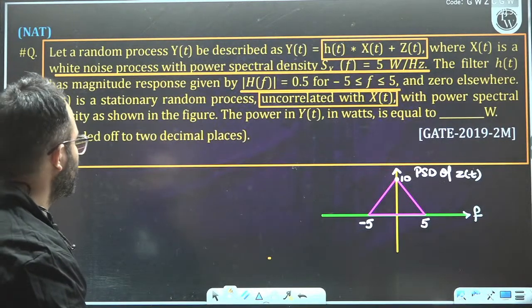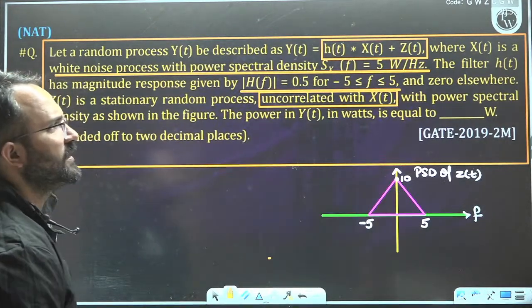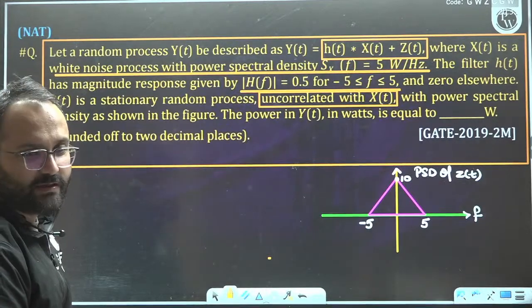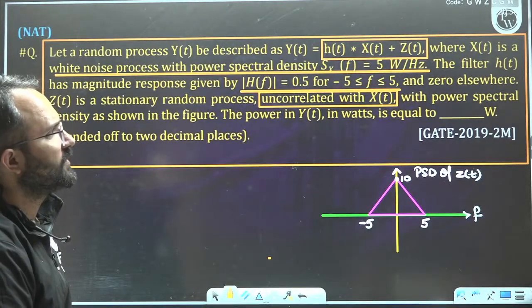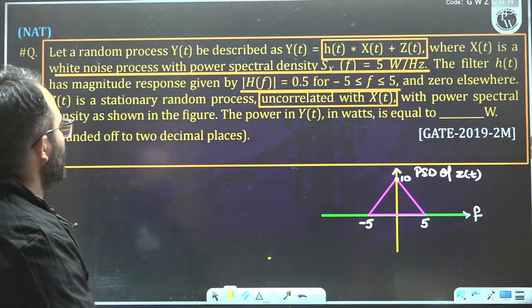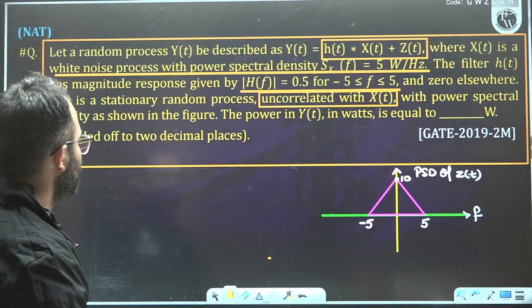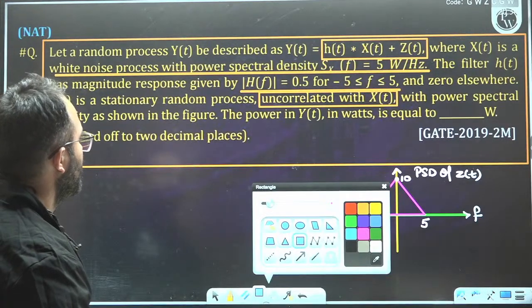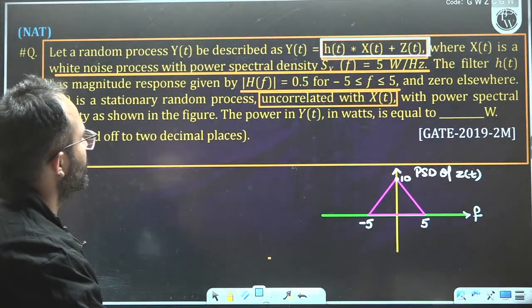So now those two, it's a very simple process. I don't think anyone will have any problem in this question. It's a very simple question. y(t) is h(t) convolved with x(t) plus z(t).